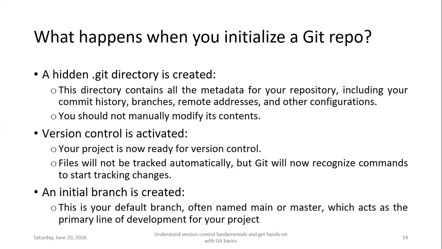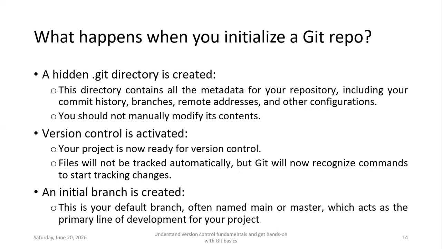Now you understand that in the current world, where people thought maybe master is kind of slavery and people are fighting against slavery, they suggested that the convention for the default branch should not be master, but main. So if you run a command to see what branch you are in, if you see master, don't get confused.